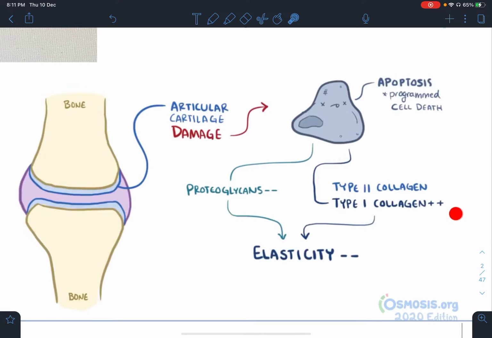And type 1 collagen is not supposed to be there. We know that type 1 collagen is found in bone, in its place. In the chondrocytes, it's supposed to be type 2 collagen. Of course, when we produce something different that is not fixed or not providing integrity with the rest of the components, there will be disruption. As a result of making type 1 collagen, the proteoglycans also will not interact with type 1 collagen.